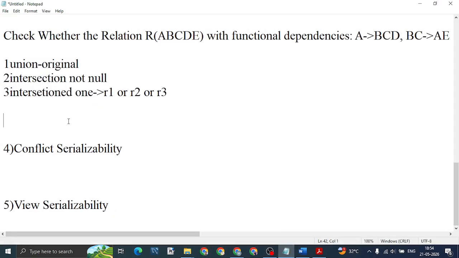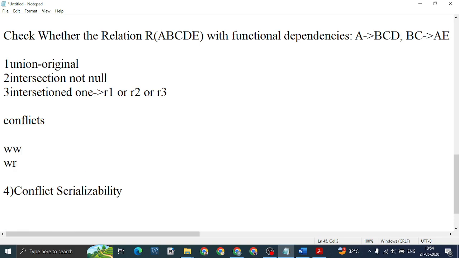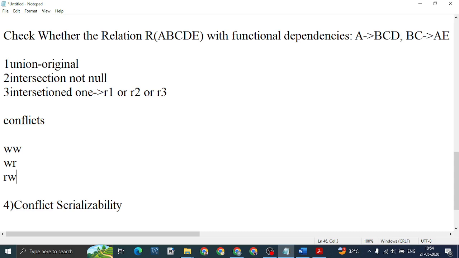So for finding whether a schedule is conflict serializable or view serializable, we have to check the conflicts. The conflicts may arise when at least one of the operations is a write. So either a write-write conflict, a write-read conflict or a read-write conflict occurs.